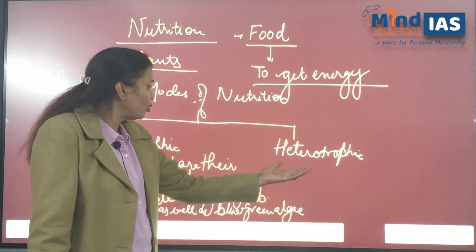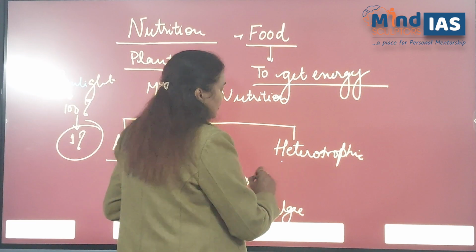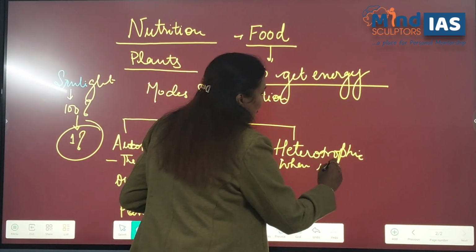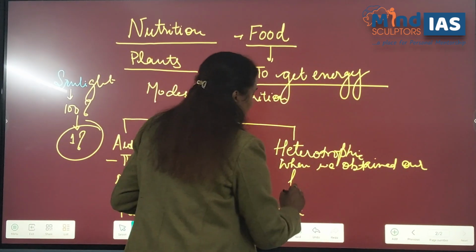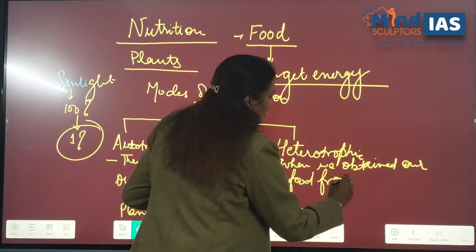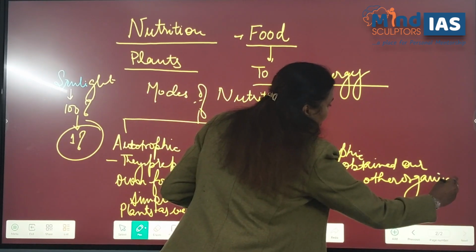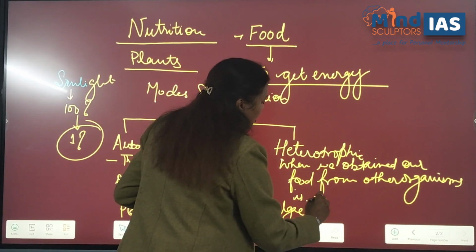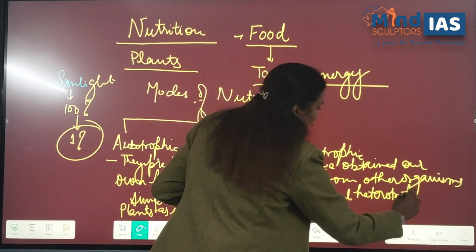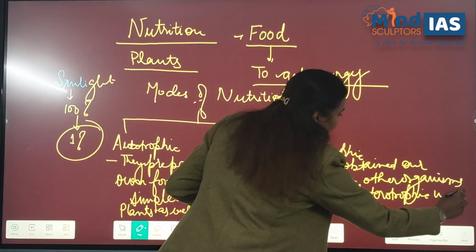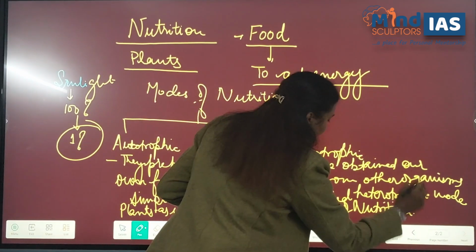Now we come to the next mode of nutrition, that is the heterotrophic mode of nutrition. When we obtain our food from other organisms, it is called the heterotrophic mode of nutrition.